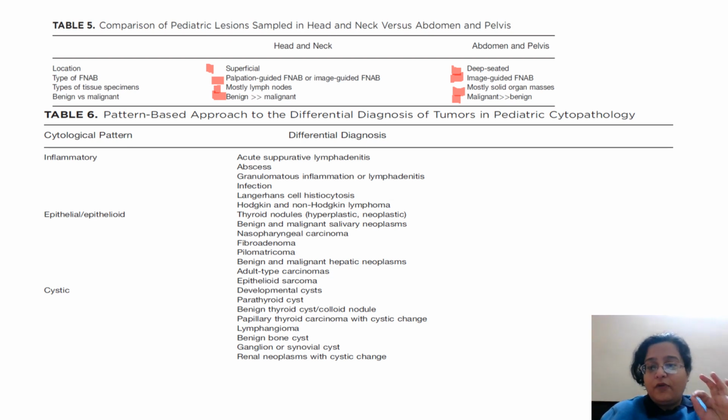Supposing you perform an FNAC, be it an abdominal or a cervical or an inguinal or any mass anywhere in the body in a pediatric population. If you are getting necrosis, inflammatory infiltrate in the background, then you have to differentiate whether it is that cheesy curd-like thick eosinophilic caseous necrosis or serous purulent material, a pink eosinophilic homogeneous background, suppurative necrosis.